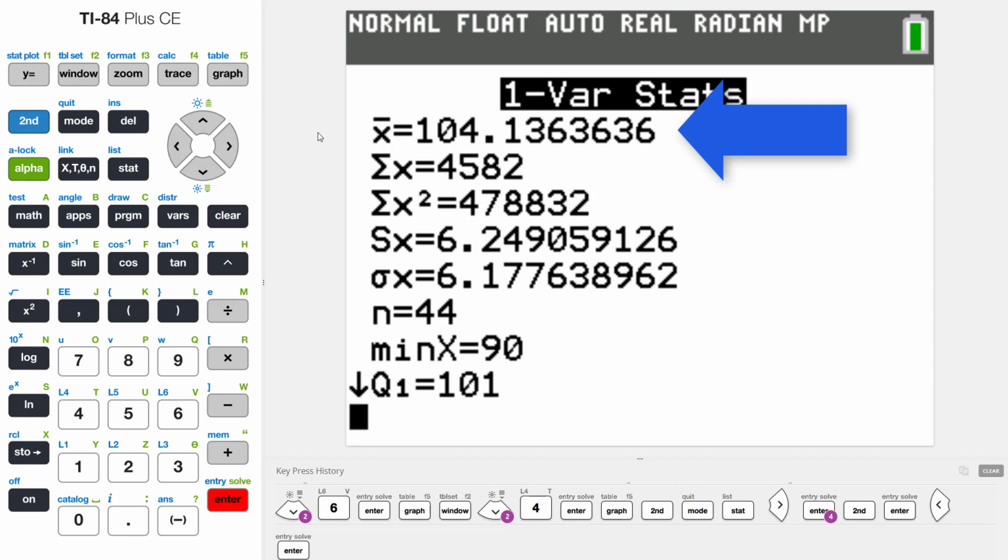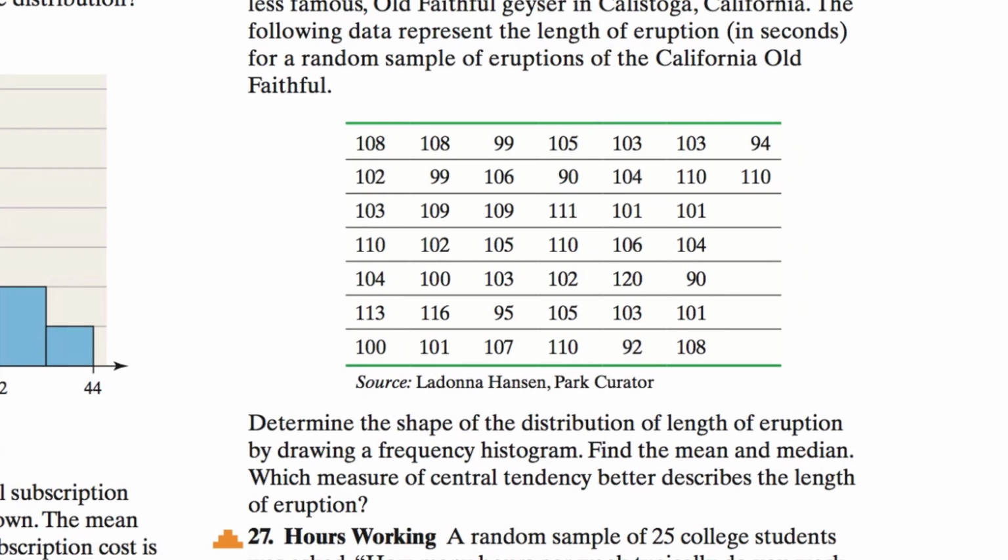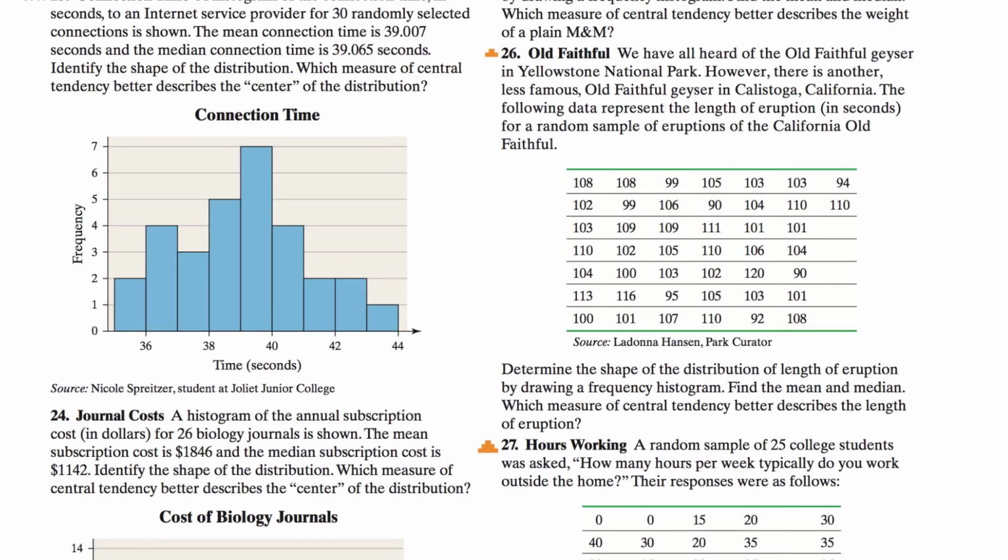And there's a rounding rule that applies for mean and median. You're allowed 1 place beyond what the data contains. So in other words, if you go back and you look at the problem in the text, all of the data here is integer valued. And so that would mean that when you report the mean or the median, you would report it to the 10th place. That would be the correct rounding in this case.